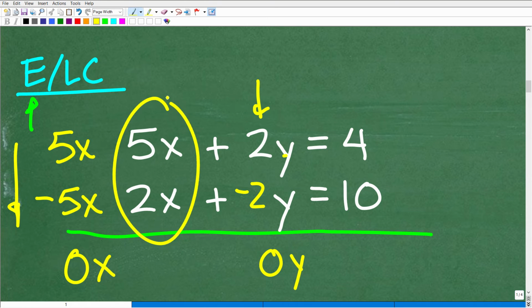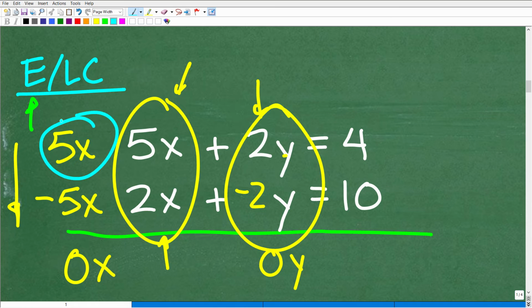Okay, pick either the x or the y, and you're going to have to kind of clean up or manipulate one or both of the equations to create an opposite situation, like a 5x and a negative 5x, or a 2y and a negative 2y. Okay, then we could combine this, use linear combination to eliminate one variable.